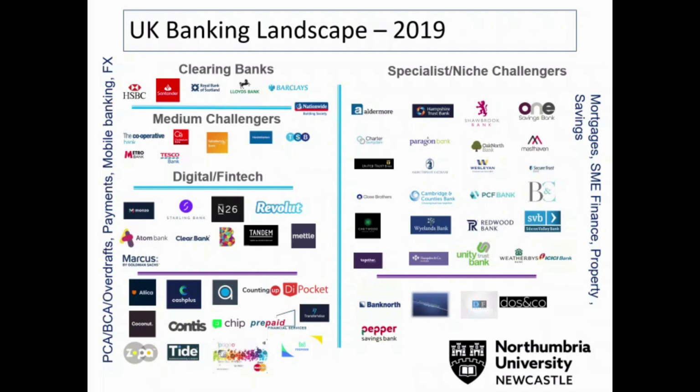But what we have seen over the last 5 years is the emergence of the fintech sector. And potentially the younger generation will have seen this more than the older generation. So you may be very familiar with Monzo and Revolut being the kind of two big ones with their technology and their apps.